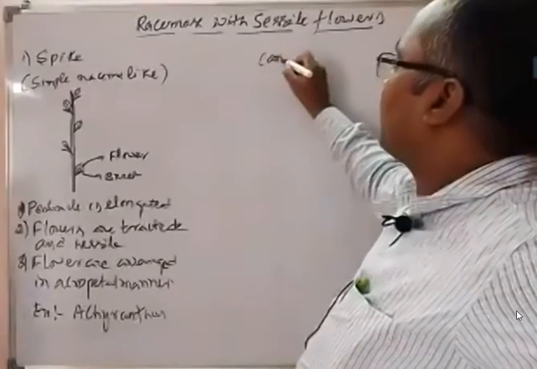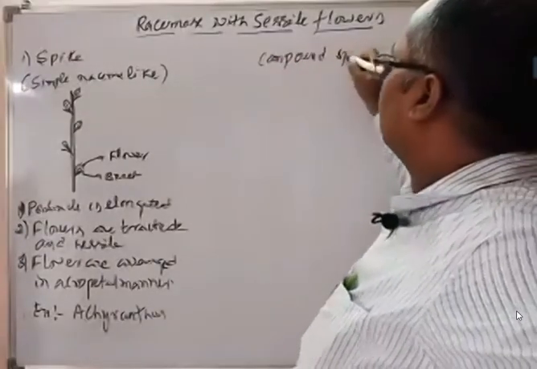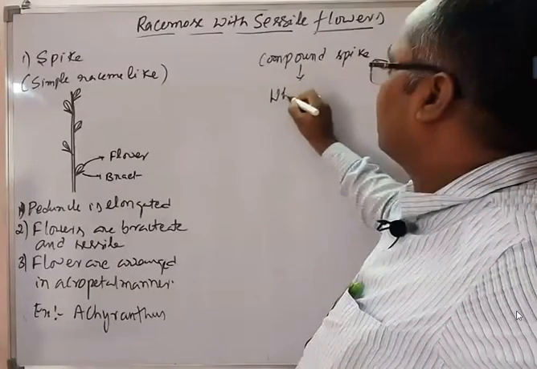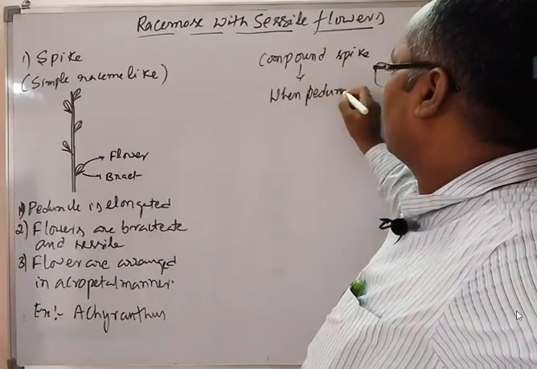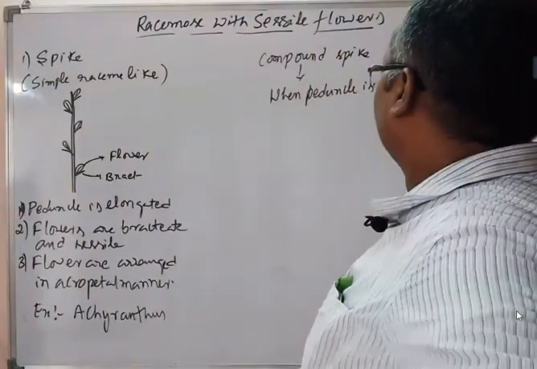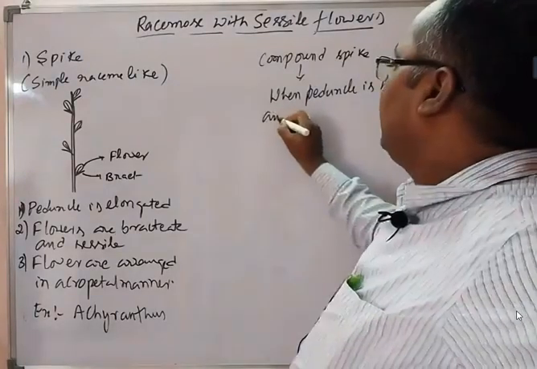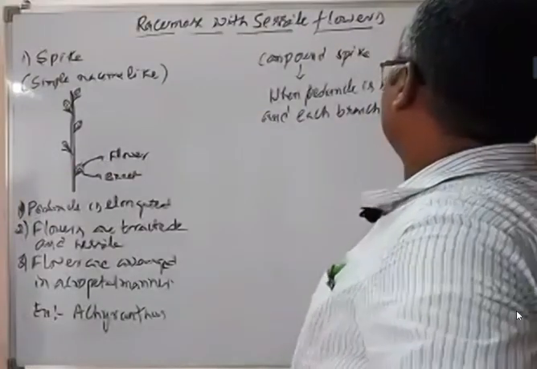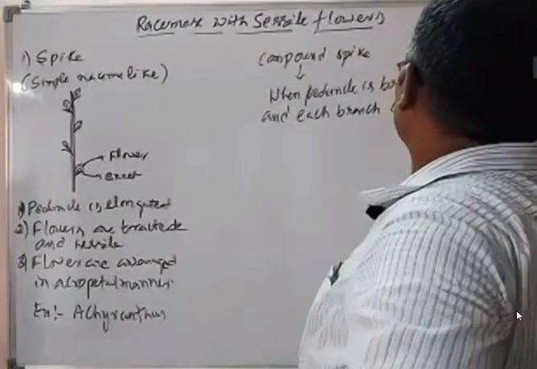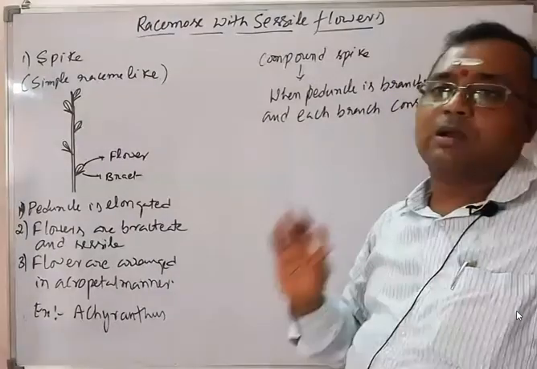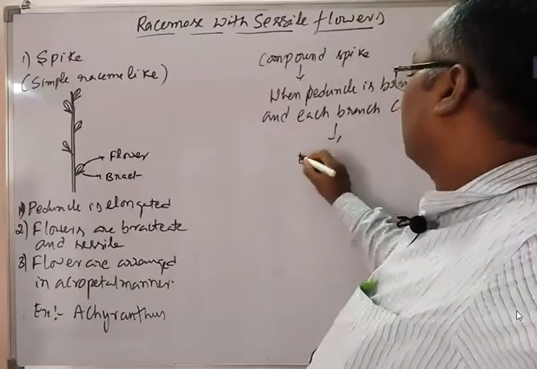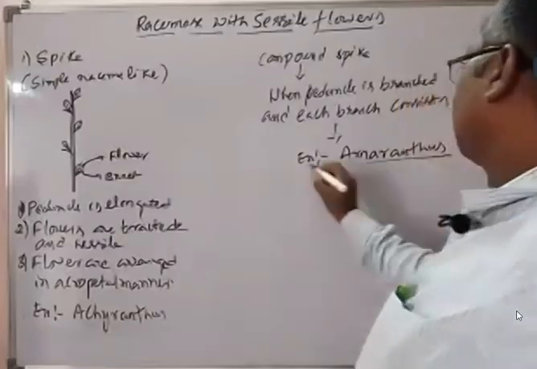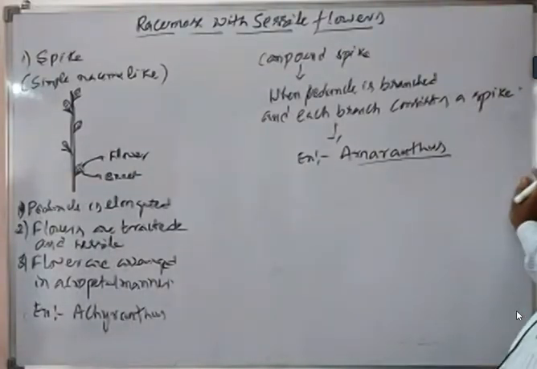In compound spike, when the peduncle is branched, and each branch consists of a spike, then it is called compound spike. Example, Amaranthus.